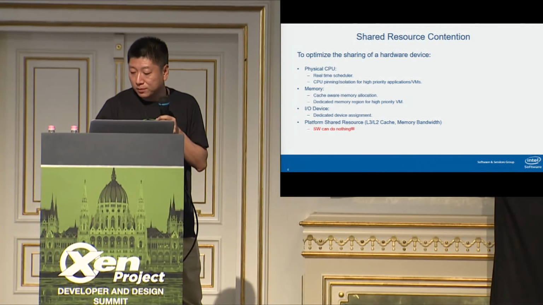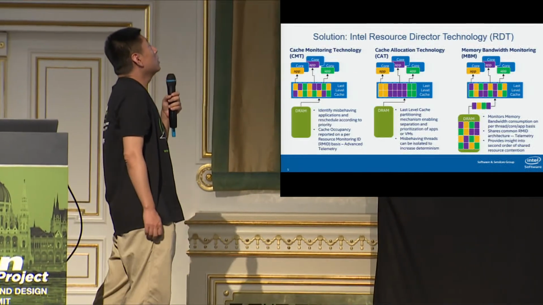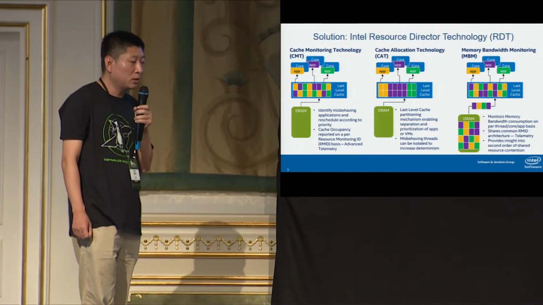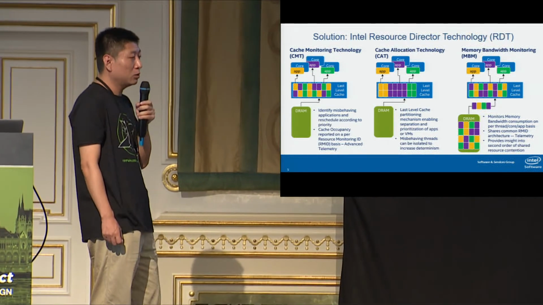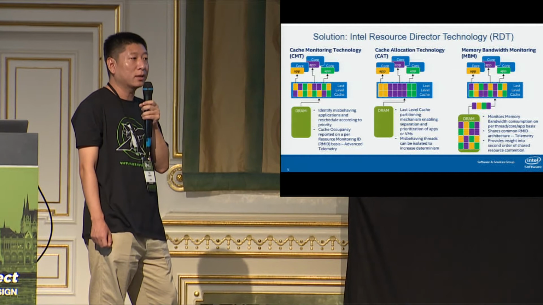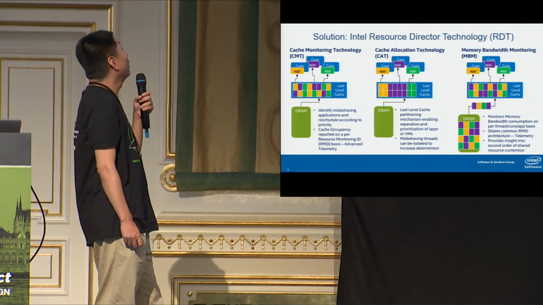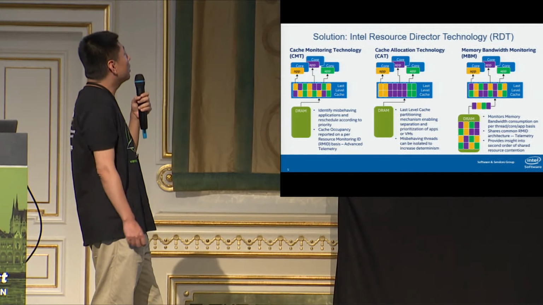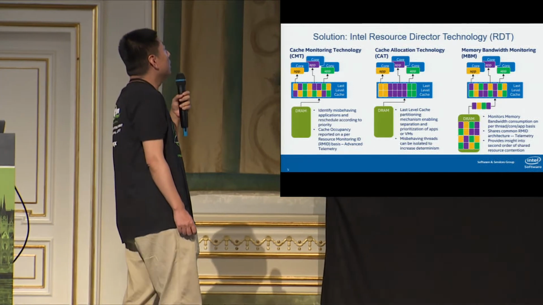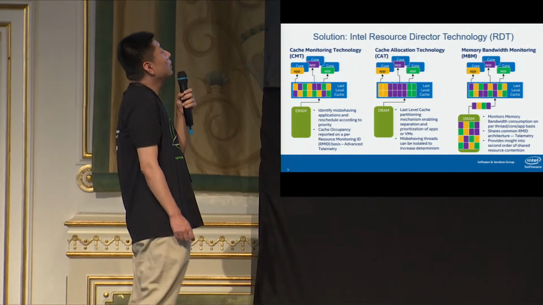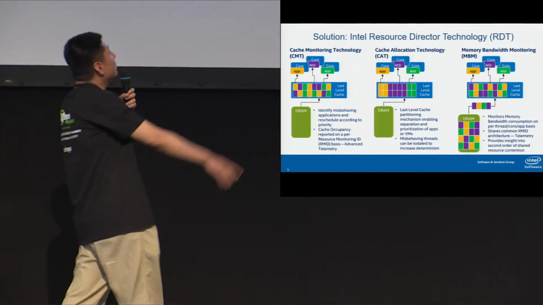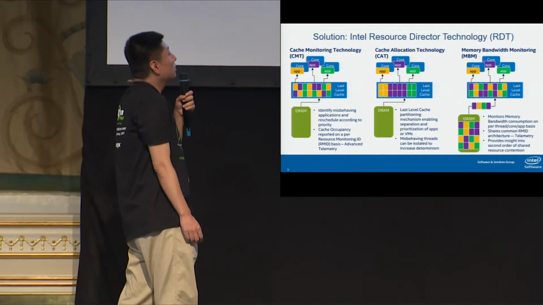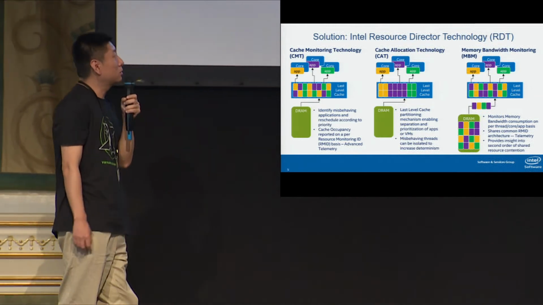Intel Resource Director technology is a group of facilities which enables us to monitor and allocate shared resources like cache and memory bandwidth. We have CMT, cache monitoring technology, which can monitor the cache occupancy based on the resource monitoring ID. We also have MBM, memory bandwidth monitoring, which can monitor the memory bandwidth consumption of different usages.